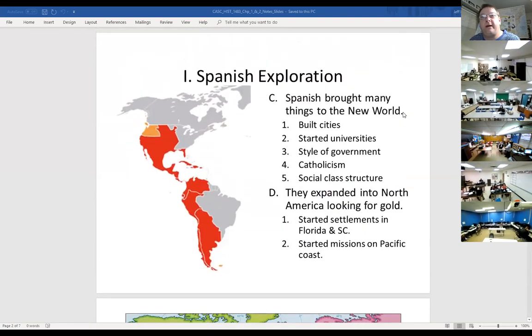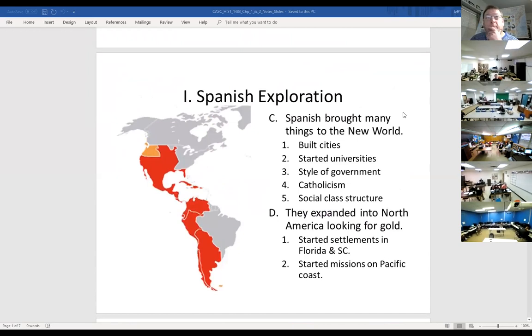Here's a little summary of the Spanish exploration. And you'll want to know these 5 things for the test. The Spanish brought the building of cities, started universities, their style of government, Catholicism, and a different social class structure.